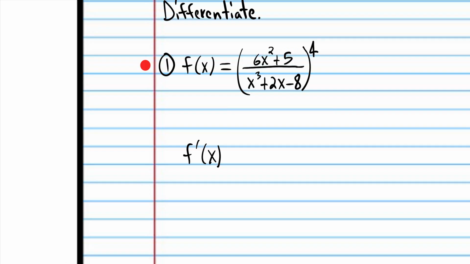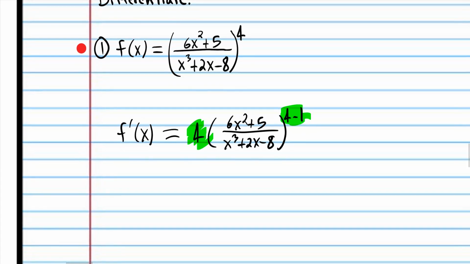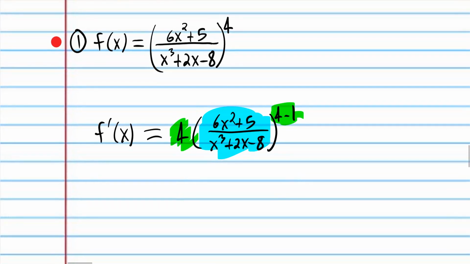So we're going to find the derivative of the outside function using the power rule. So we found the derivative of the outside function, and we kept the inside function, and then we're going to multiply by the derivative of the inside function.